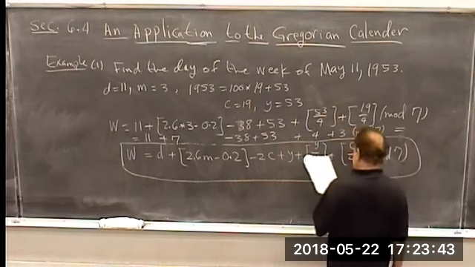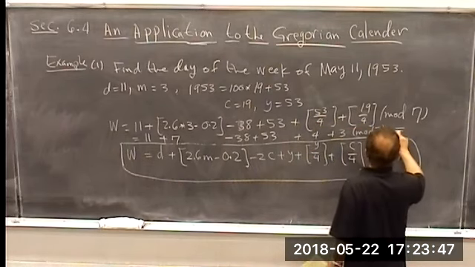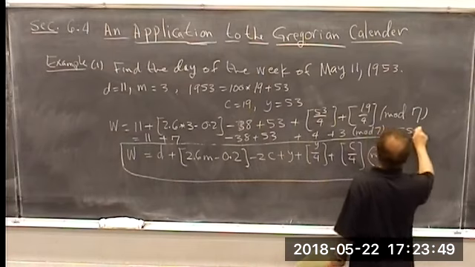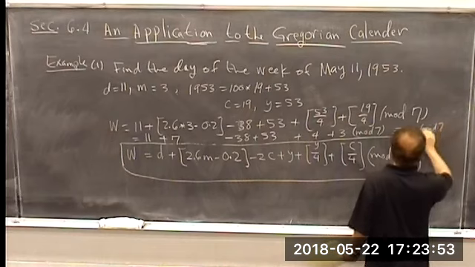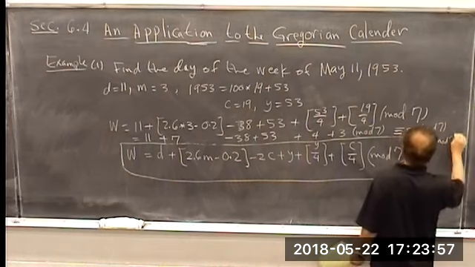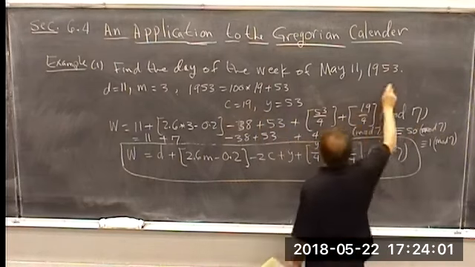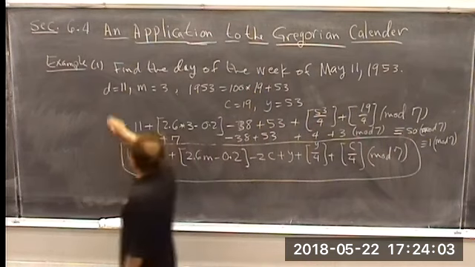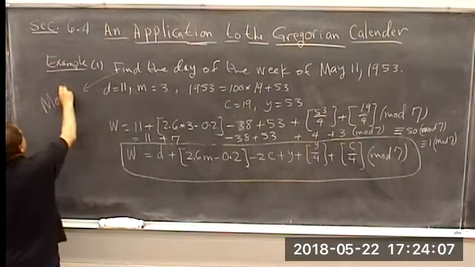And this happens to be congruent to 50 mod 7. And this is congruent to 1 mod 7. So in other words, this date is actually Monday. All right. So this occurred on a Monday.